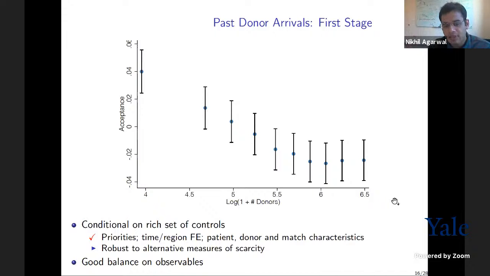So if scarcity is high, so there are few donors that were offered in the past, acceptance rates are high. In the paper, we go through balance on observables to show that this instrument is not correlated with other confounding things that could be correlated with patient quality.